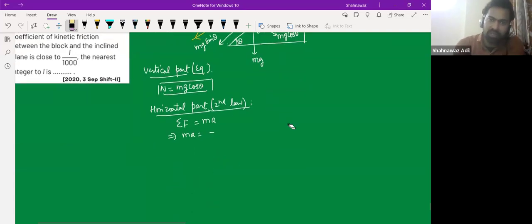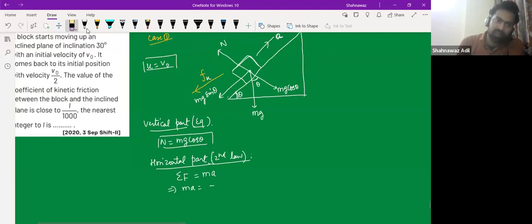So MA is, yes, correct, mg sine theta. So this is Fk. So this is MA equals minus mg sine theta and minus of mu k N, which is mg cos theta.